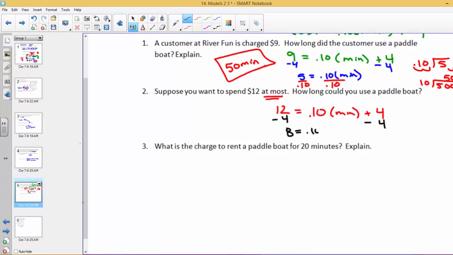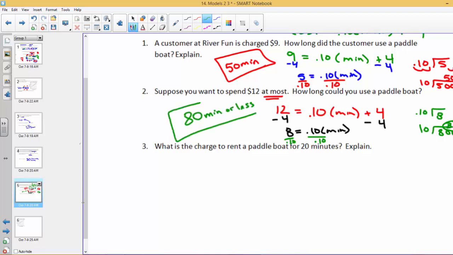So 8 is 10 cents a minute. And then you would divide by the 10. So that's really 800 divided by 10, which is 80 minutes or less. To spend $12 at most.